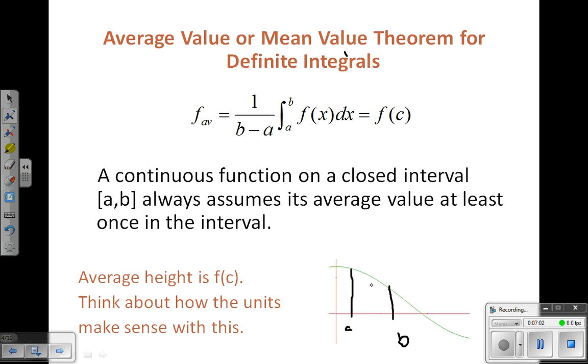So I'm looking for the height that I could draw just a single rectangle that would have the same area as the area in this space here. So if I just eyeball it and picture maybe the height of that one rectangle would need to be right there, well then I come over here and I would call that spot right there f average.